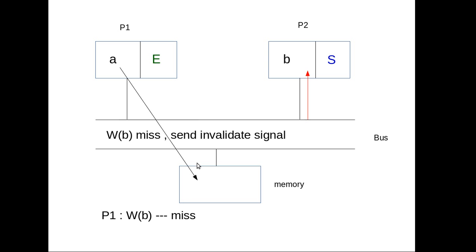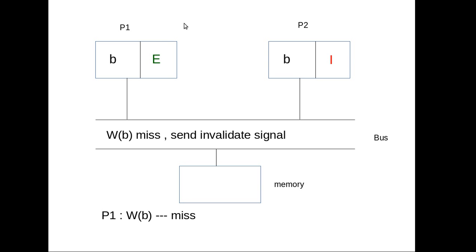The data is written back into the memory, and the invalid signal is sent to P2 by bus. And now the shared state was moved to invalid state, and then we can have B in exclusive state.